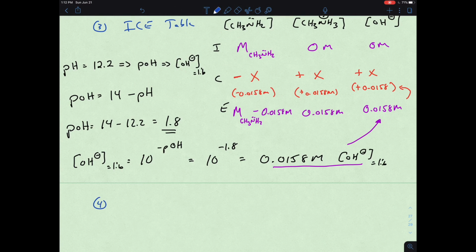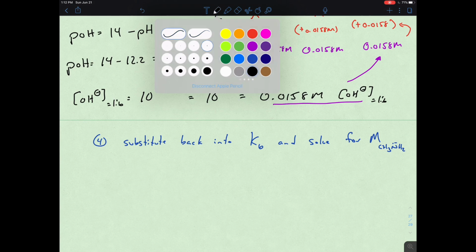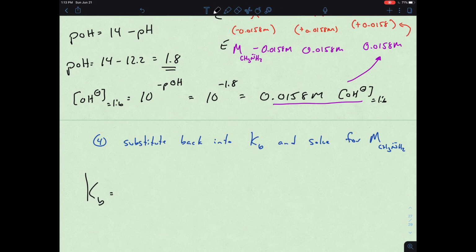So now we're at that fourth step. We can substitute back into our Kb and solve for that concentration that we are looking for, the methylamine initial. So our Kb was equal to our products, the methylammonium and the hydroxide, over our methylamine.